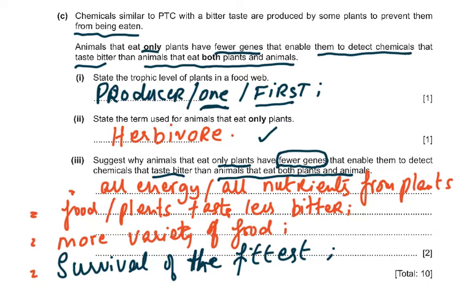So herbivores will have less because they have less variety of plants to eat from, and plants taste less bitter. But the animals that feed on both plants and animals have a bigger variety of food, so they have more genetic information. And of course, in both these situations, it's the survival of the fittest. The herbivore has to be adapted for its role, and the carnivore has to be adapted for its role.